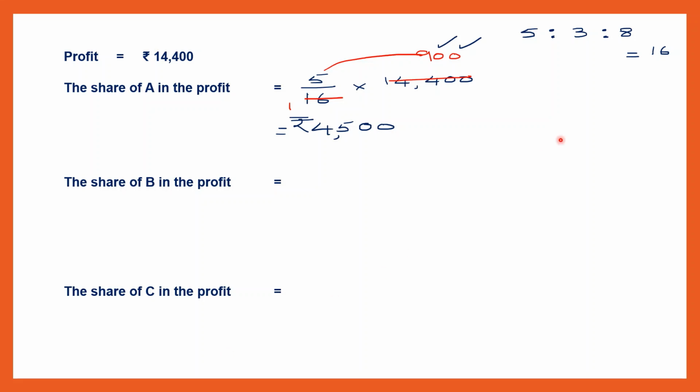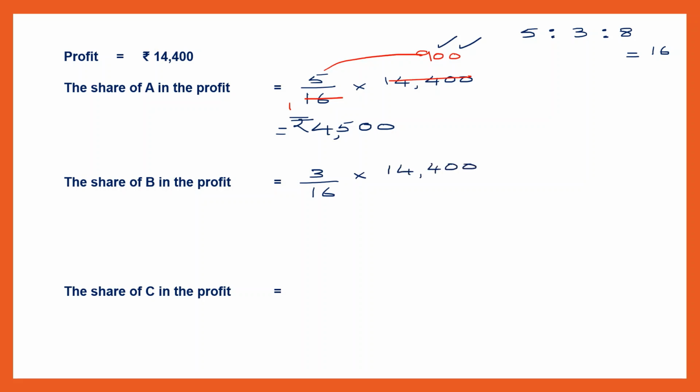As we did it here for the first one, the second number 3 is for the person B. So let's use that second number and do everything in the same manner. That will be 3 by the sum of the ratio, which is 16, into 14,400.